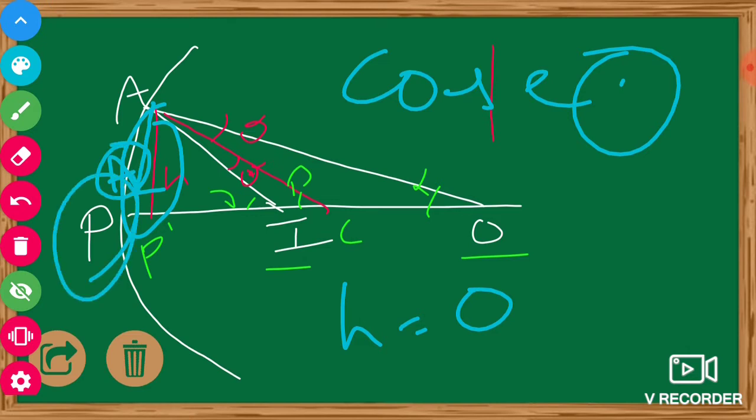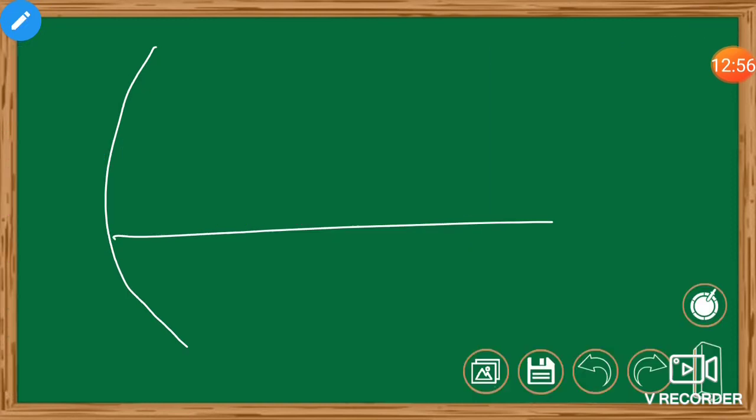And if the height comes near the value of 0, we have another diagram considering the case that the value of h is minimum, nearly equal to 0. That means the incident ray, here is the pole P, the point P where the principal axis meets the mirror.